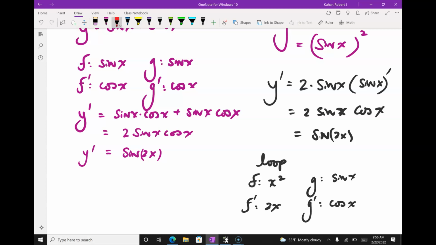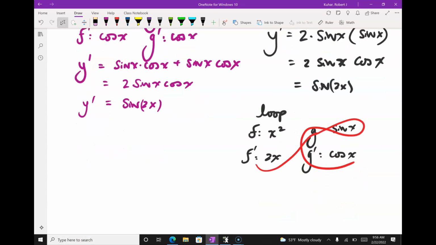So I'm putting that sine x into the x of f prime, right? So y prime is 2 times, right? That's sine of x times the cos of x, g prime.